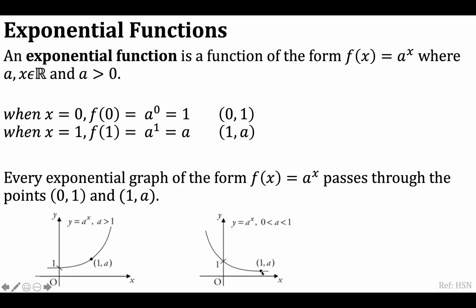So if we had the graph of f of x equals 2 to the x, we'd pass through 0, 1 and 1, 2. If it was y equals 5 to the x, it would pass through 0, 1 and 1, 5. If it was y equals 1,000 to the x, it would be 0, 1 and 1, 1,000. So hopefully you get the idea there. You can see what's going on.